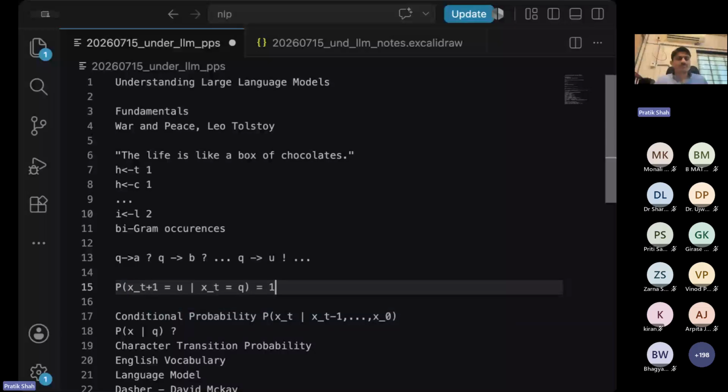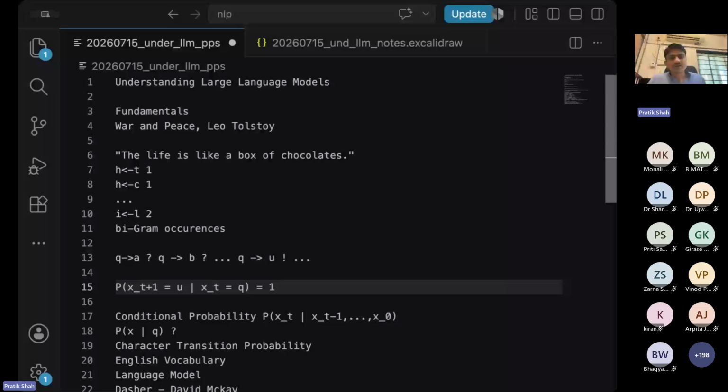Given that at a particular instance of your index, your sentence position at t, I have the alphabet Q, what is the probability that at t plus 1, this alphabet would be U? And this probability is 1.